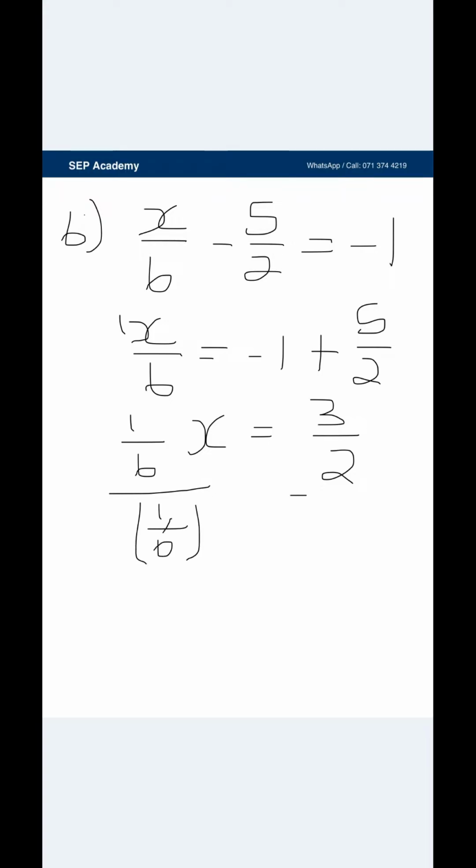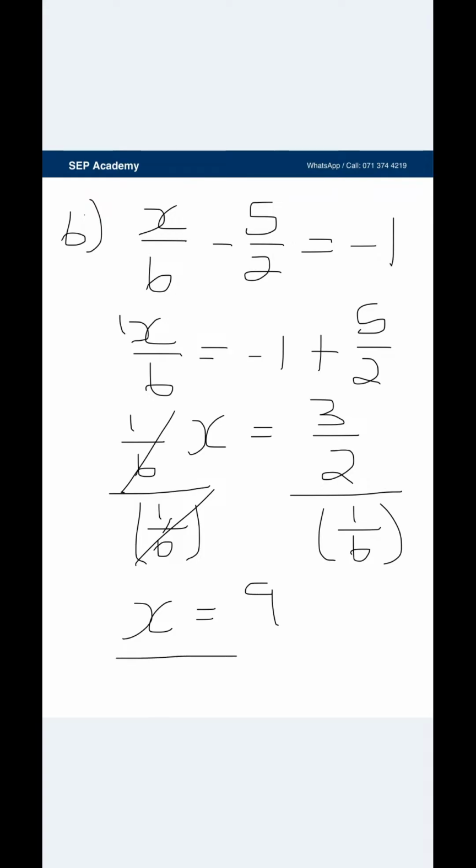Remember, whatever you do on the left, you also do on the right, or vice versa. So that's how you detach that 1 over 6, and then you end up having your x being equal to 2. You can punch that on your calculator and say 3 over 2 divided by, in the brackets, 1 over 6 equals. It therefore gives you 9, and that should be the end of it.